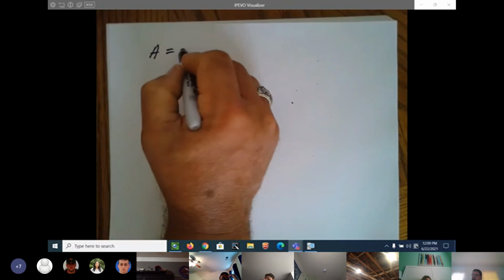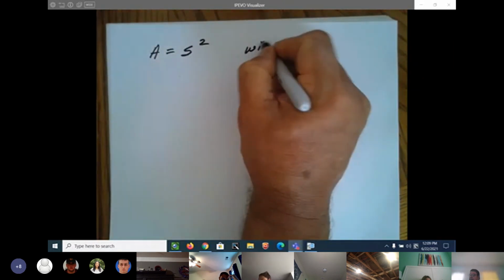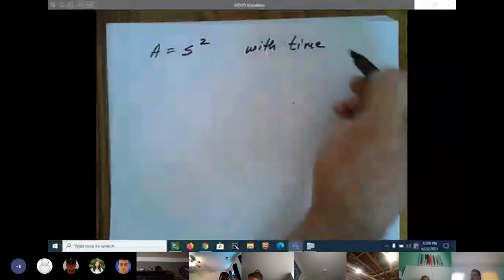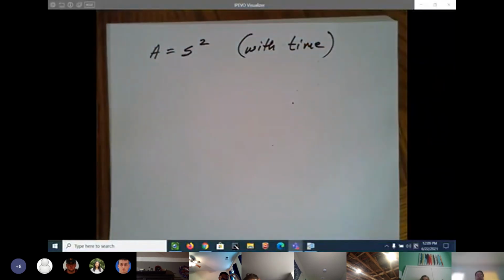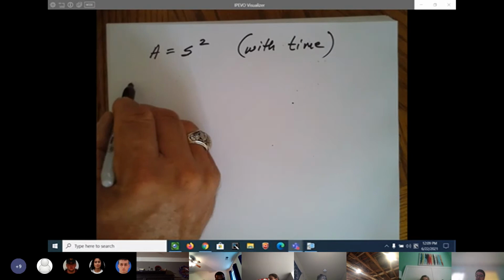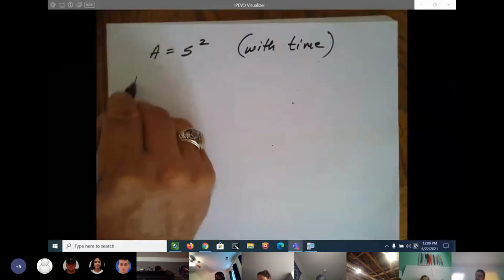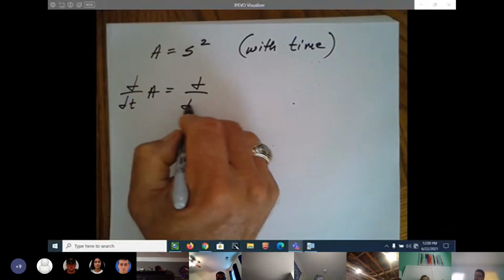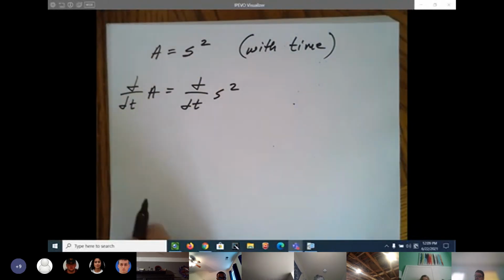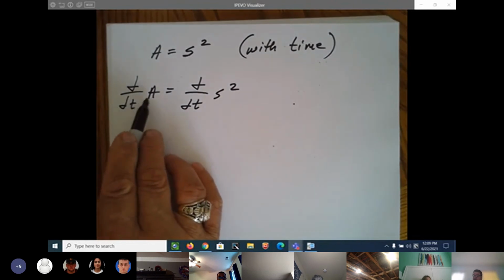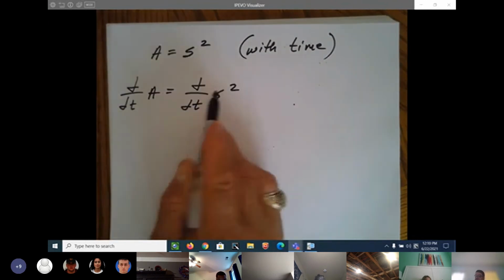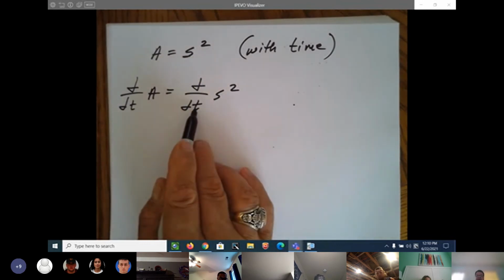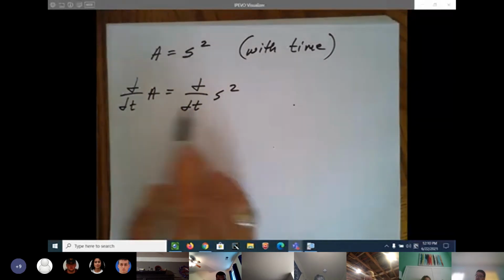So what if I did A is equal to s squared with time? What would be the derivative of A is equal to s squared with time? Well, I'm going to take the derivative with respect to t of A, and the derivative with respect to t of s squared. So what is the derivative of A?